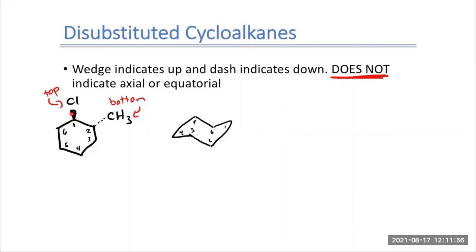I can see the chlorine is pointed up. The chlorine has to be on the top side of the ring. Looking at my two bonds coming off of carbon 1, this one would be the top side of the ring. This one would be the bottom. This one's higher up. This one's lower down. So that means my chlorine comes up here and my hydrogen points down.